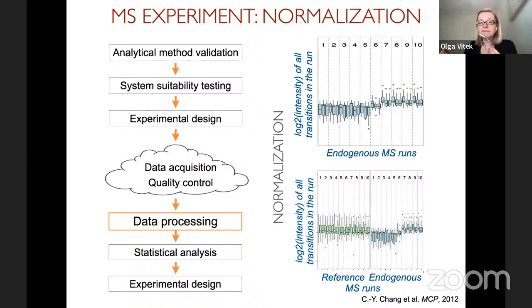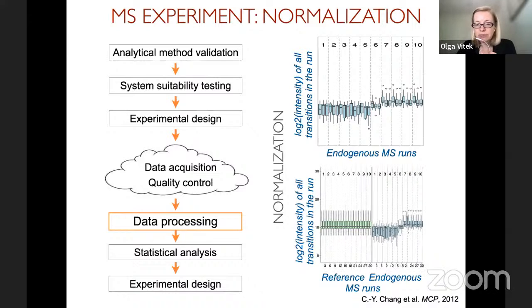It was spiked in at as constant a concentration as possible. And so now, if we do have this type of labeled references, MSstats makes a plot like that, where these are the endogenous intensities here, but these are the labeled reference standards. And we see that the labeled reference standards have some variability. This is the technical variation due to the data acquisition, but not to the same extent as the endogenous intensities.